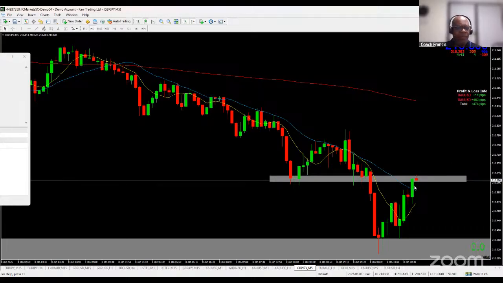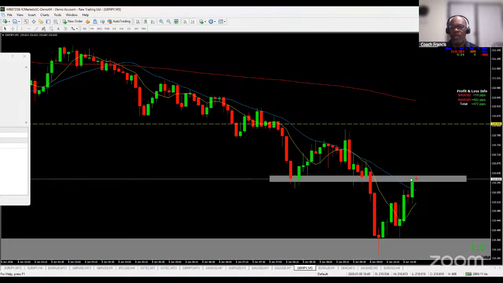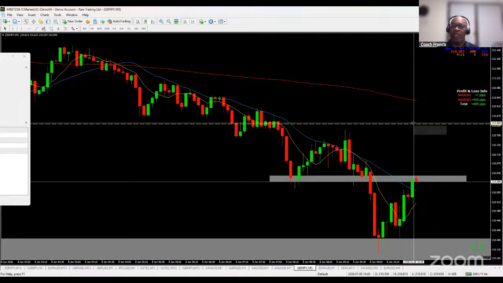So I am going to be watching some pairs later today, even after we leave the live session, because like I say, this could go as far as here, or when it breaks this resistance, then I'll be looking to enter, to get in at the beginning of that continuation, and I believe the price will get there at least.